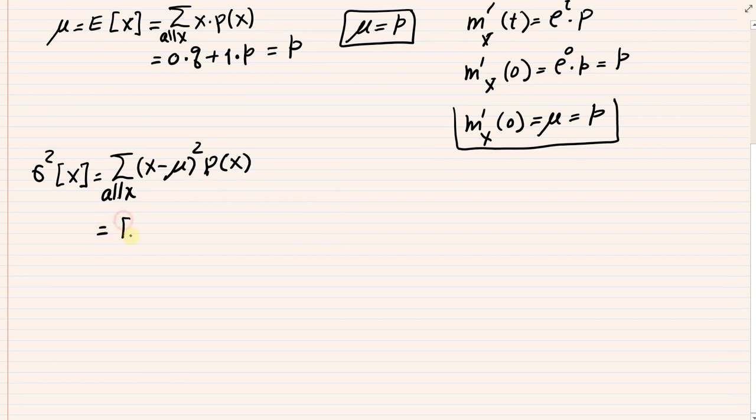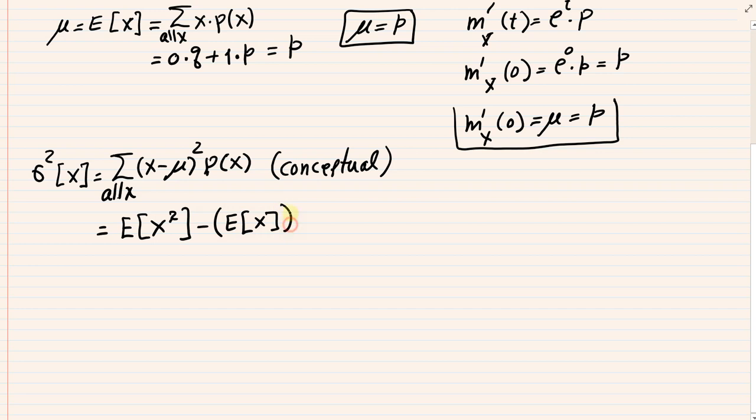What I have up there is the conceptual definition, which is the square of the deviation from the mean. The other form is the mathematical expectation form, which would be the expected value of X squared minus the square of the expected value of X. This is what I call the computational form.